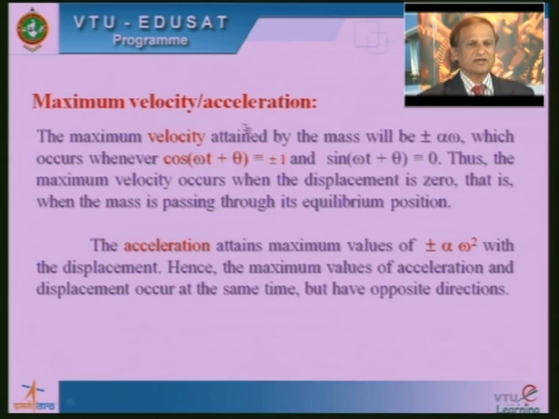So, according to our plan, first we shall think about how we calculate the maximum velocity and acceleration. The maximum velocity attained by the mass will be plus or minus alpha into omega, which occurs whenever cos of omega t plus theta is equal to either plus 1 or minus 1, and sin of omega t plus theta is equal to 0.